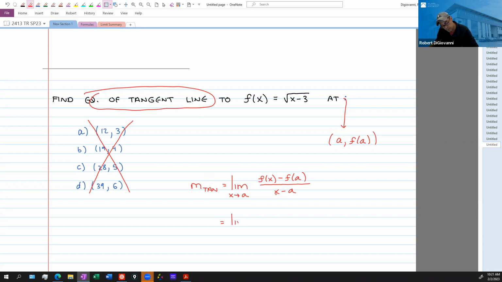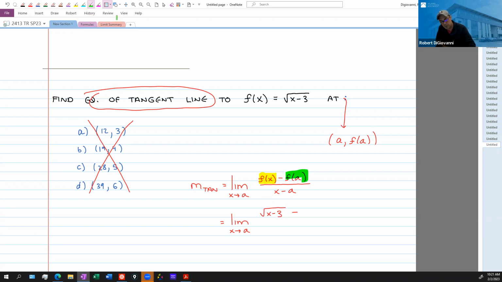So I'm going to keep going. What is f(x)? Well, that's what you get when you plug x into the function. What do you get when you plug x into the function? Just the square root of x minus 3, right? That's what you get. And then you subtract from that, now the critical step.